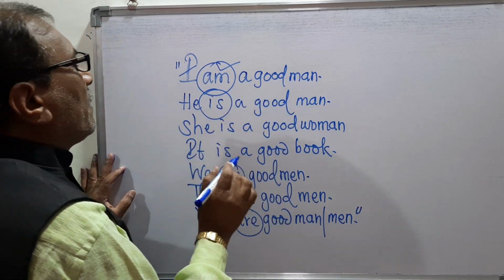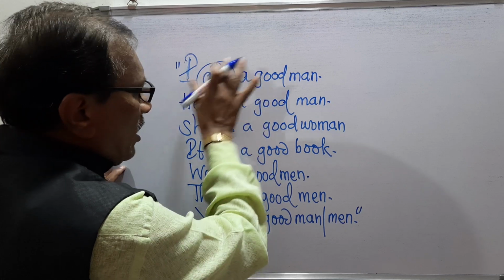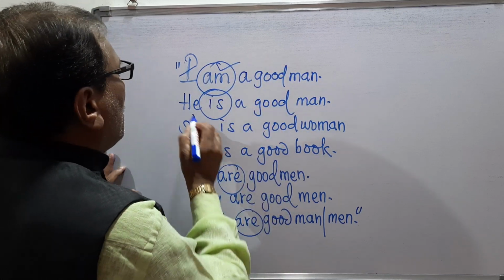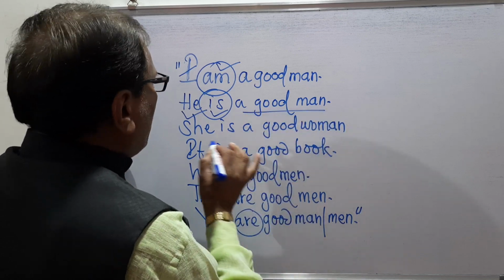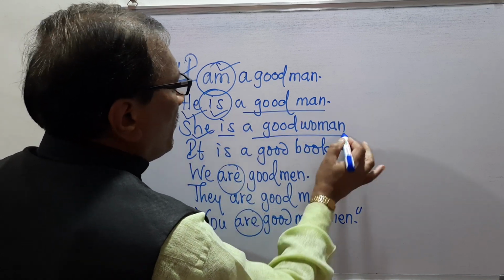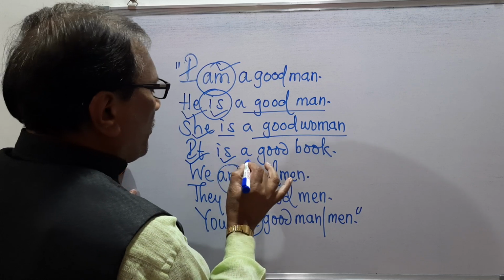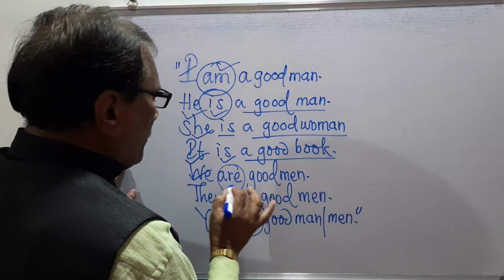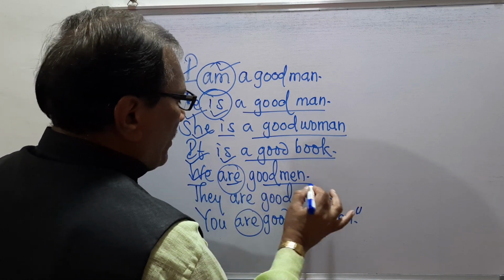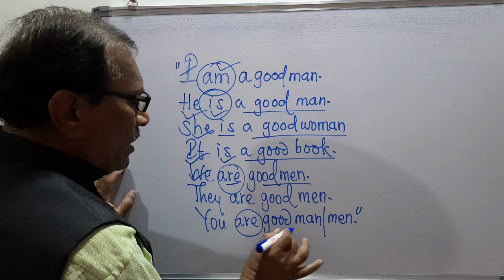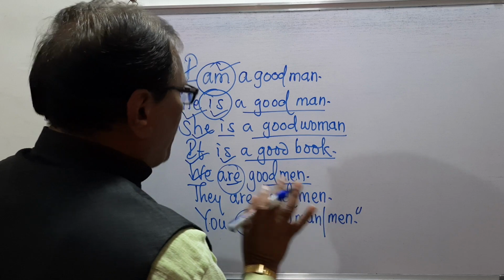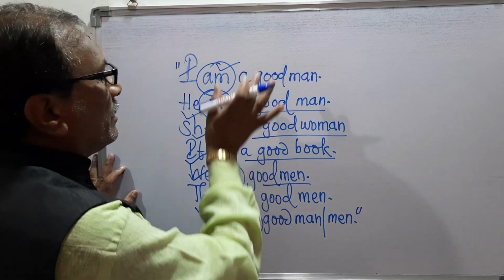All these sentences are like this: subject, main verb, complement. So I will tell you here in detail.